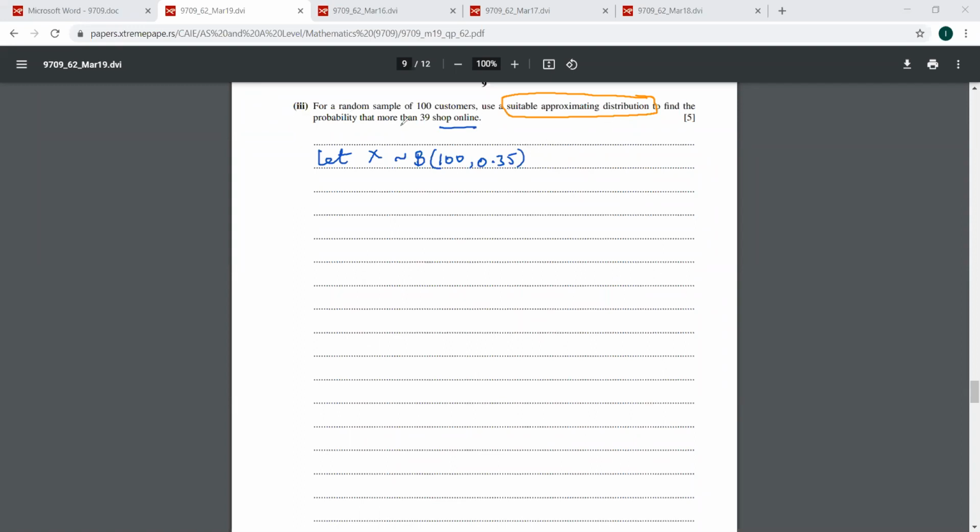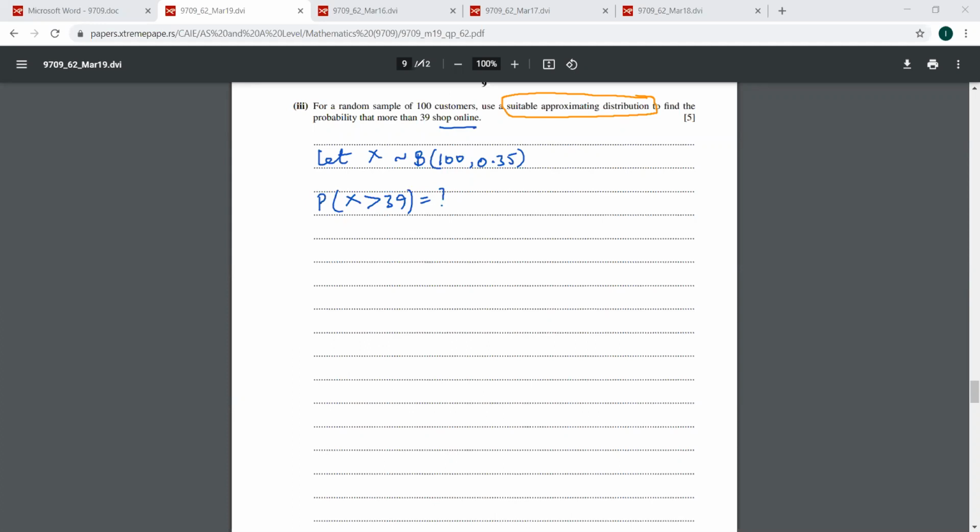It's just find the probability that more than 39 people shop online. So we have to find the probability that X is more than 39. We can find this using the formulas for binomial distribution.